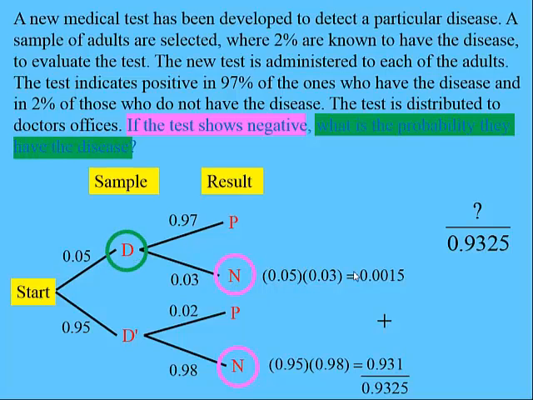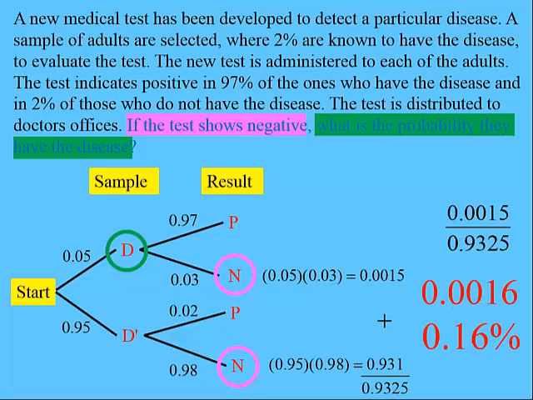Multiply out to the end, which we've already done, and we get 0.0015. Dividing those, we get a 0.1% chance. 0.1 means far less than 1%. That's such a small probability. We're pretty sure that if the test is negative, that they do not have the disease. However, if it's positive, we're not so sure that they do. That was 72%.